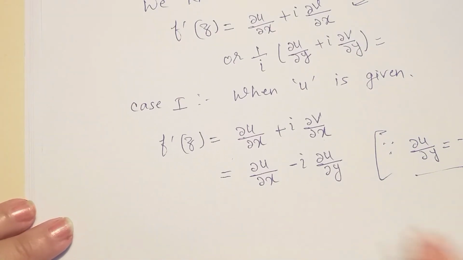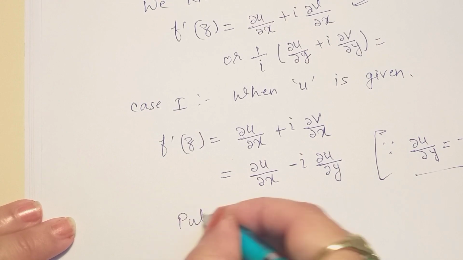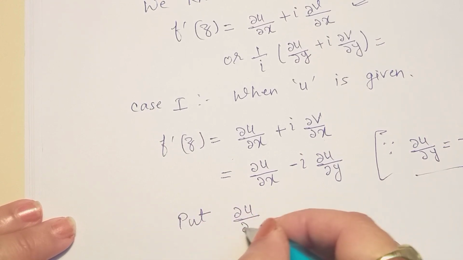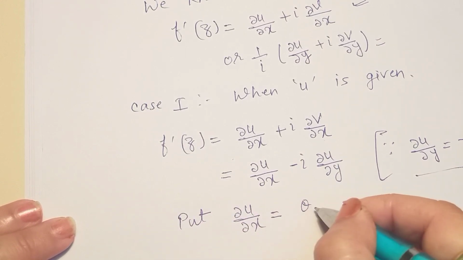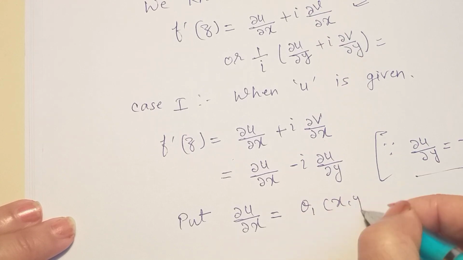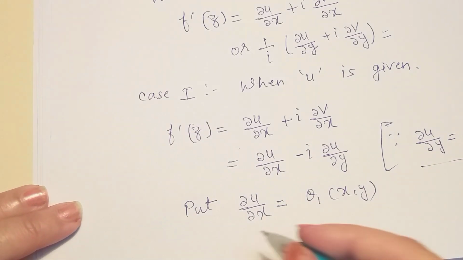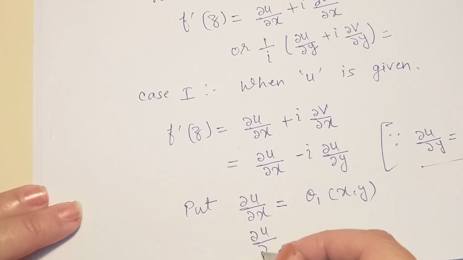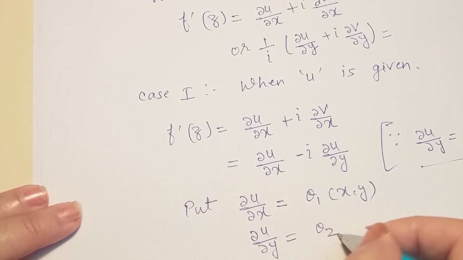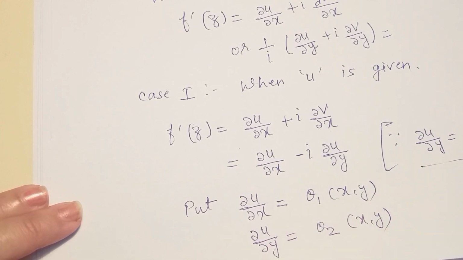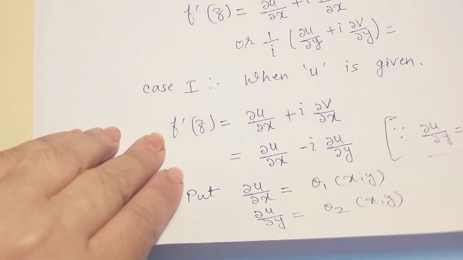Now we put this del u by del x is equal to theta 1(x, y) and del u by del y is equal to theta 2(x, y). Okay.